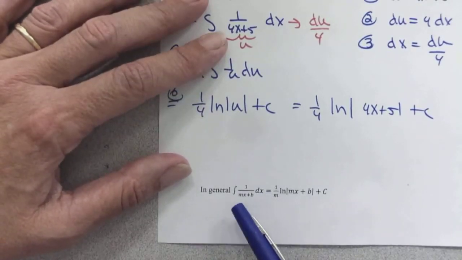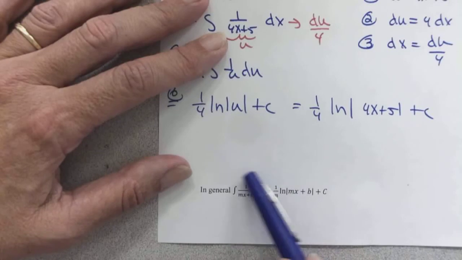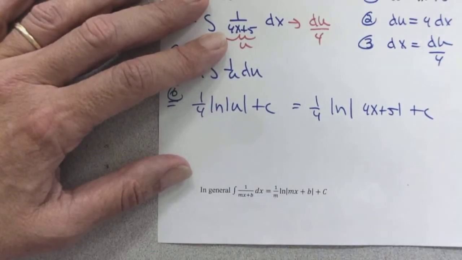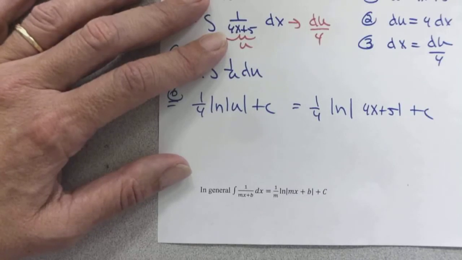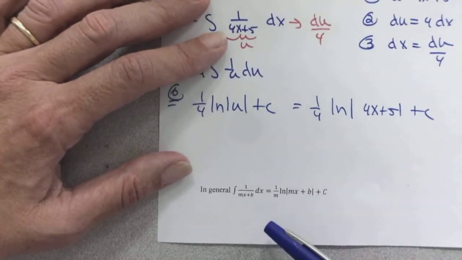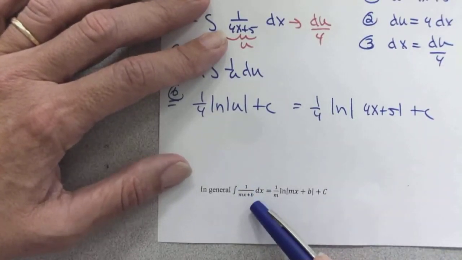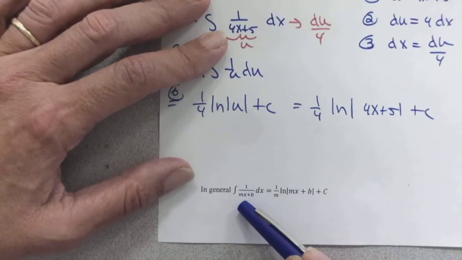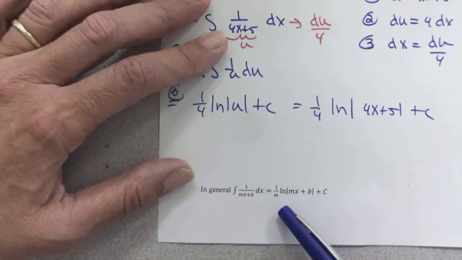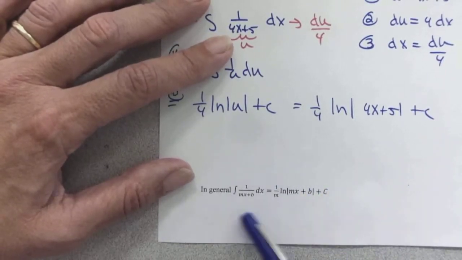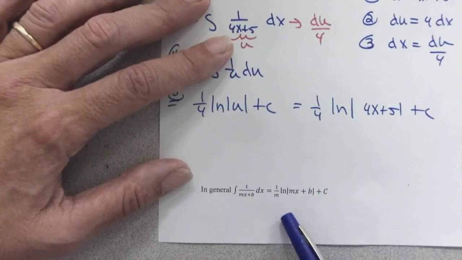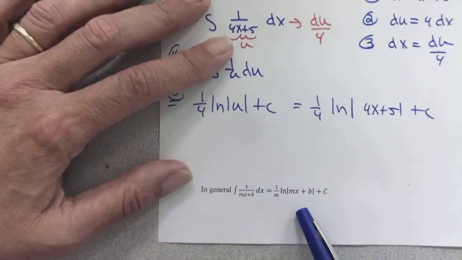The effect of that slope when you have linear arguments, and this is a linear argument inside that basic form of 1 over u du. You have a linear argument. We've talked about it repeatedly, that the effect of that slope is that we are going to divide by it when we are integrating. So you do not have to do a u substitution on this for me. You can use that fact.